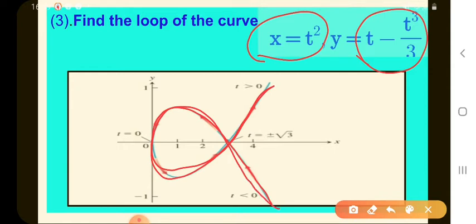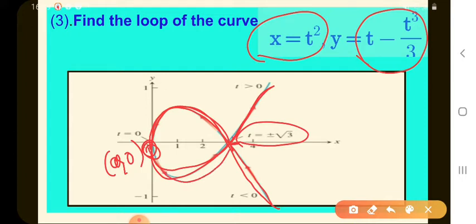Here we have to find the length of the loop of the curve from the point 0 comma 0. What is the t value here? Plus or minus root 3. So we find first 0 to root 3 and 0 to minus root 3. We find the length of this loop. This shape is called a loop.